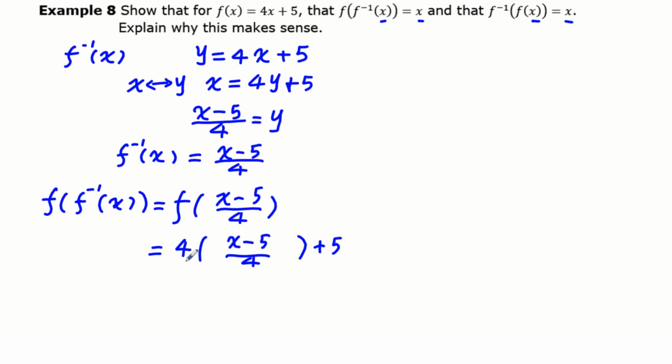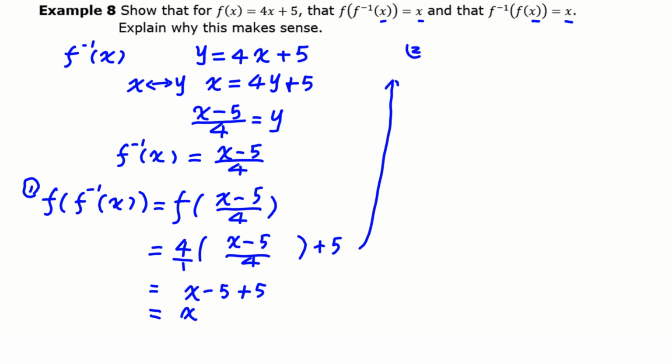This is a times fraction, so we multiply numerator times numerator, denominator times denominator. So 4 times (x minus 5) divided by 4, the 4s cancel out, and you have x minus 5 left. Then plus 5, and you will see it is x. That is the first thing, and it is correct. Then we are going to check whether the second one is correct or not.